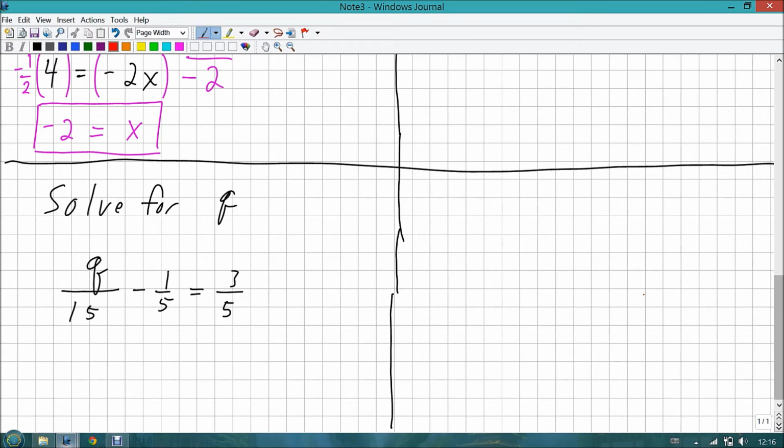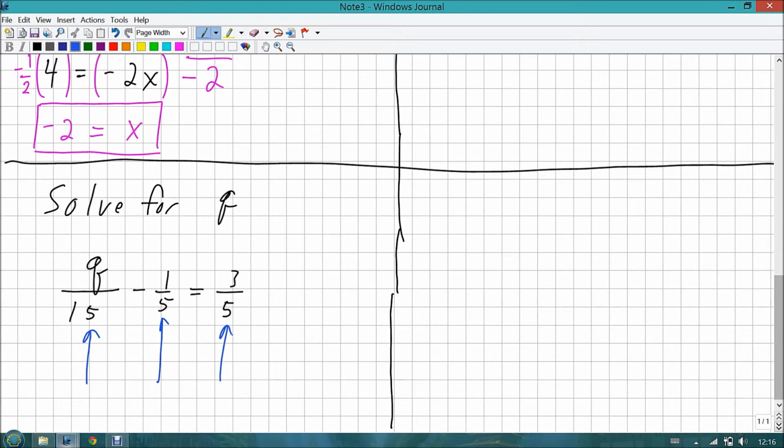If you really hate working with fractions, your first step can be to look at your denominators and say, all right, what can I multiply by to get rid of all of them? And I do mean all of them. So I never have to worry about them again. Well, you'll have to worry about them again at the end, but, oh well.